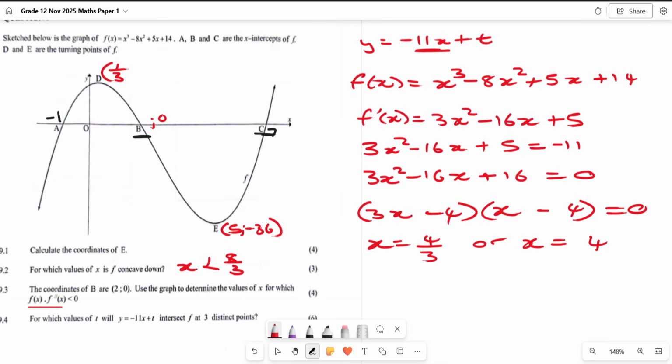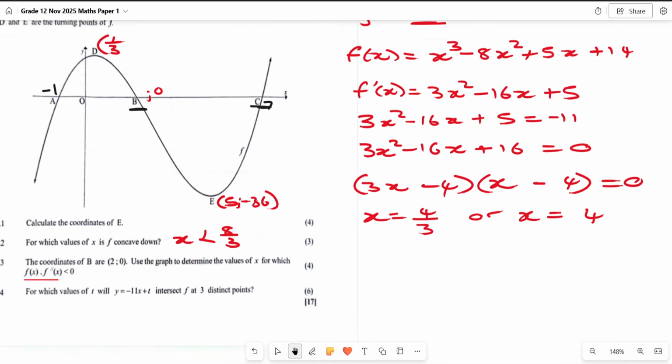Now let's find out what the y values are. Guys, remember, the two graphs are meeting at a certain point. When these two graphs are meeting, they are going to share the same x value, but also they share the same y value at that point. So far, we've used the gradient of the other question to find the x values where these points are meeting.